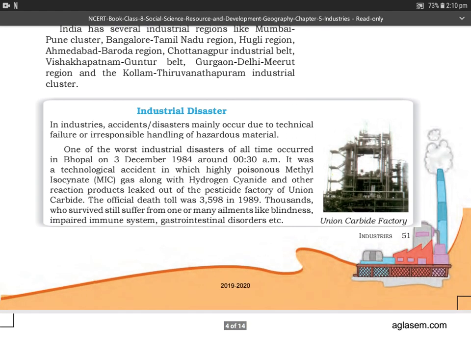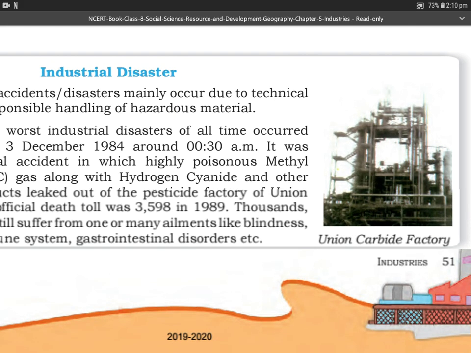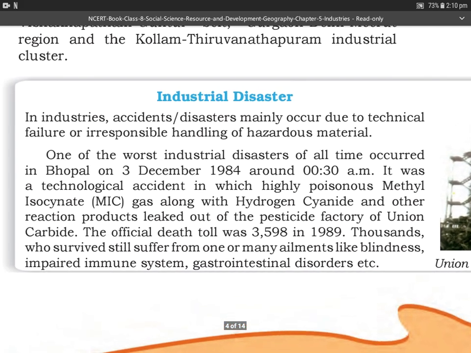Today we are starting from page number 51 in your textbook. The topic is industrial disaster, or industrial accident. In industries, accidents and disasters mainly occur due to technical failure or irresponsible handling of hazardous material.